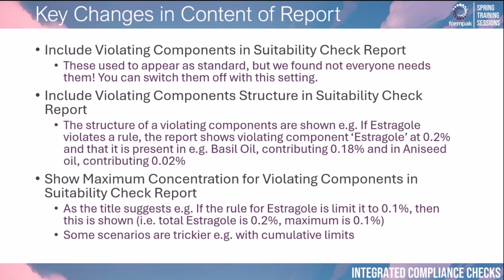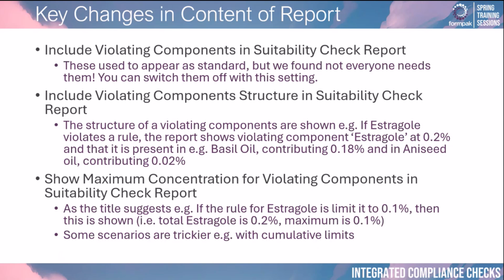And then the maximum concentration for violating components, we haven't seen an example of that yet, but we will. But it's as the title suggests. If instead of a prohibition, there was a limit, so for example, if the rule for estragole was to limit it to 0.1%, then that would be shown if this box was ticked.